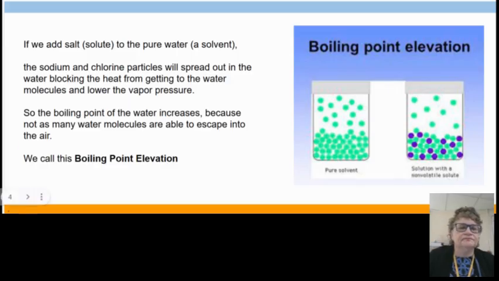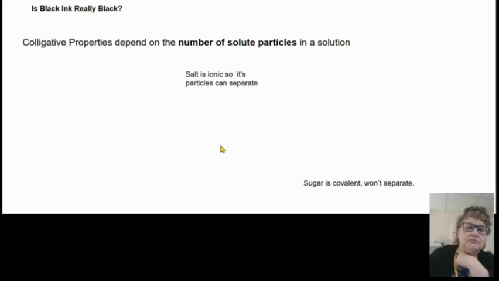The boiling point of water increases because not as many water molecules are able to escape into the air. We call this boiling point elevation. This is the one that we're mostly going to talk about because it's the easiest to replicate.